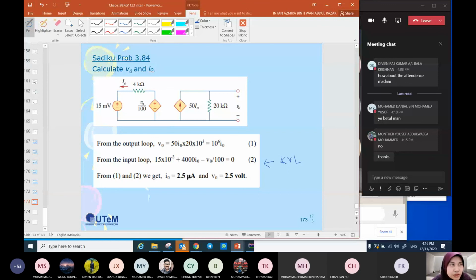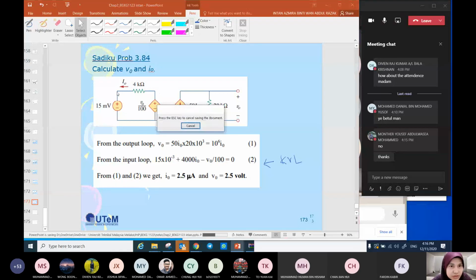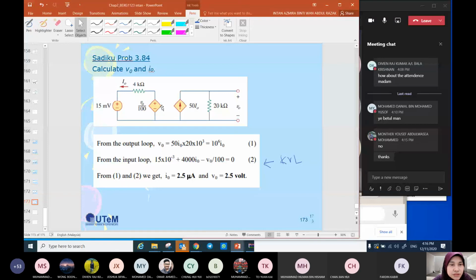Current flows counterclockwise, so we just follow I0. Otherwise, we assume the current flows in the clockwise direction. In this loop, the current flows counterclockwise, so we follow this direction. Positive 15 millivolts, and then minus V0 over 10 here, and then this is plus.